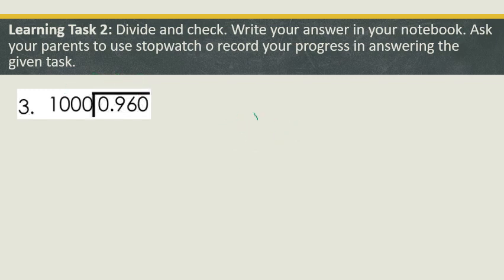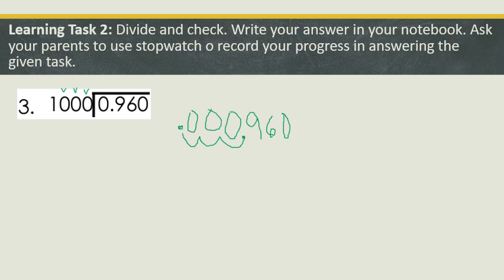Number 3, we have 960 thousands divided by 1,000. So, ilang 0 ang 1,000? 1, 2, 3. So, adjust tayo ng tatlo sa kaliwa. 1, 2, 3. So, nandito na ang decimal point. Ano mangyari sa spaces? So, lalagyan ng 0.